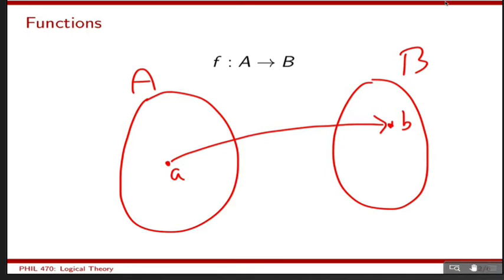If a is associated with b, then we write b equals f of a. So applying f to a, the outcome is b.